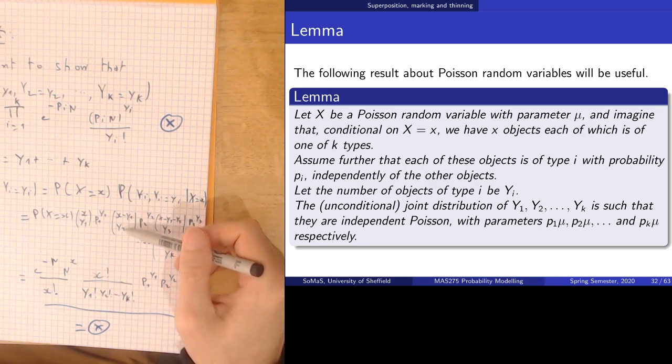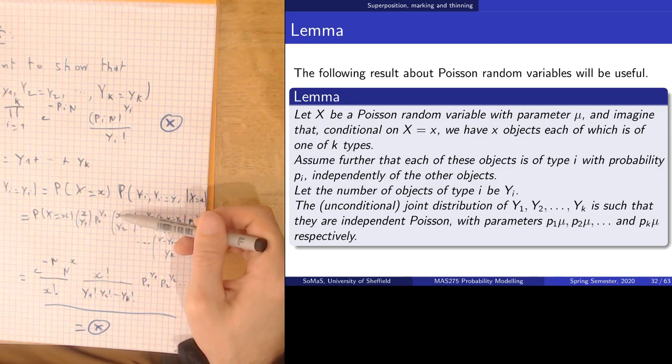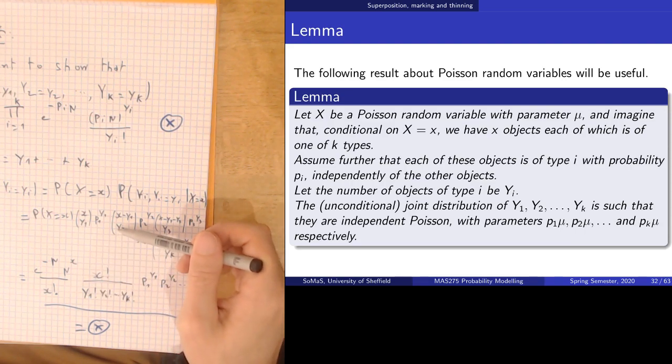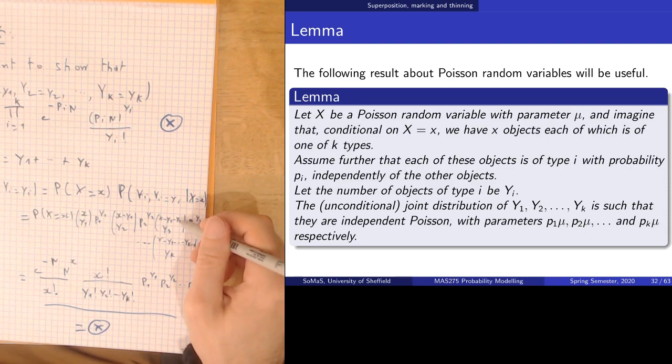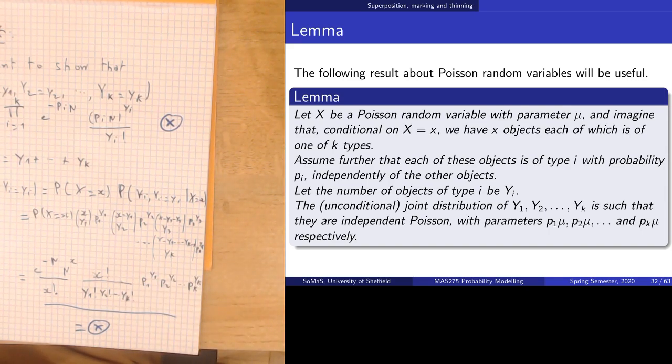If you write each of these number of combinations in terms of factorials, you get factorial of x divided by factorial of y1 factorial of x minus y1, and it's going to cancel out with the factorial of x minus y1 here. So you get factorial of x divided by factorial of y1. Then at the bottom you have factorial of y2 times factorial of x minus y1 minus y2, which cancels out with the factorial of x minus y1 minus y2 here. So we're left with just this, and so on. So this is one way.